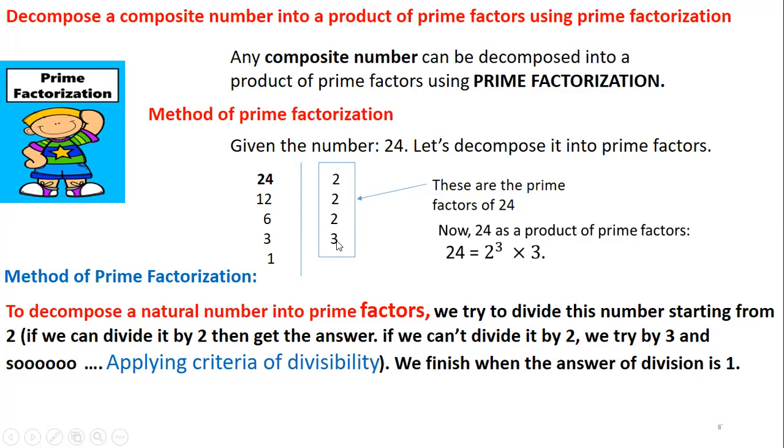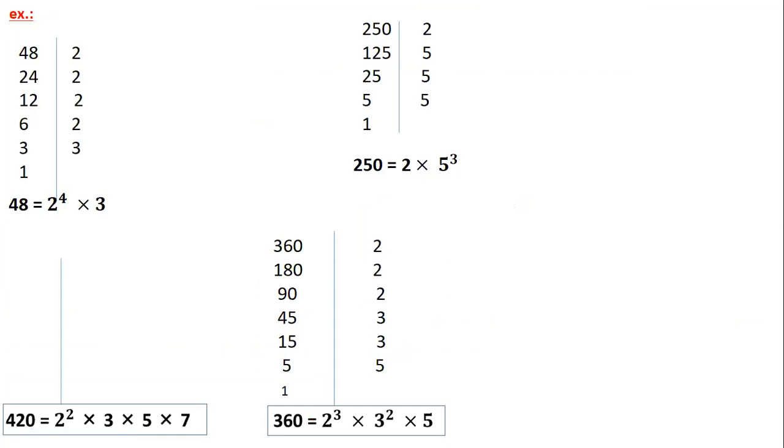But never try to divide by 4 or 6 because we only try to divide by prime numbers: 2, 3, 5, 7, 11, etc. So here it's very helpful to apply the criteria of divisibility I talked about on a previous slide. We finish the prime factorization when the answer of division down here is 1.